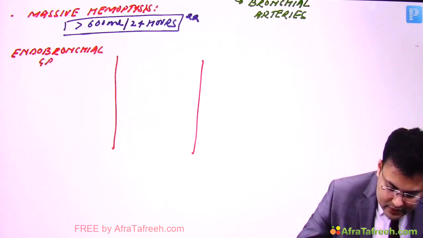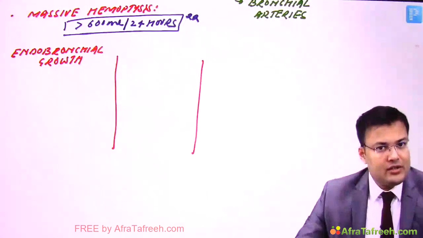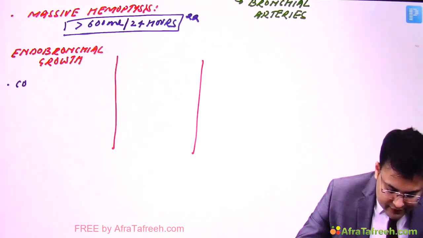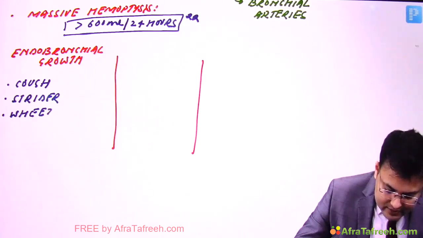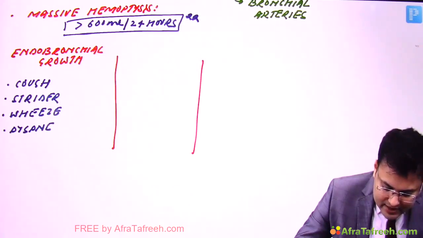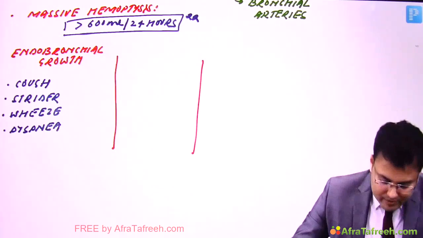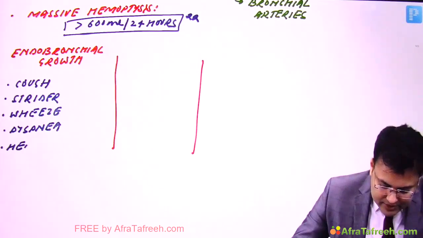We discussed that because of endobronchial growth, there is obstruction. So there is cough, stridor, wheeze, dyspnea, and whenever there is bleeding from the bronchial arteries, there is hemoptysis. Clear?